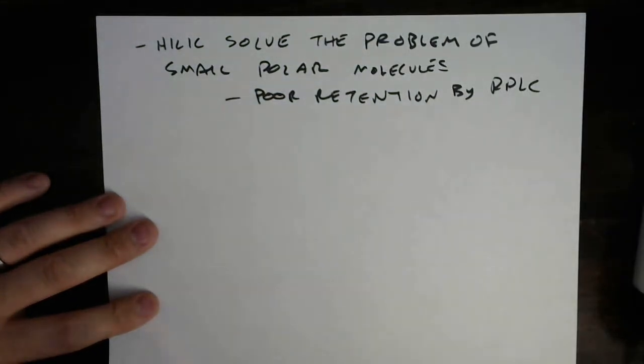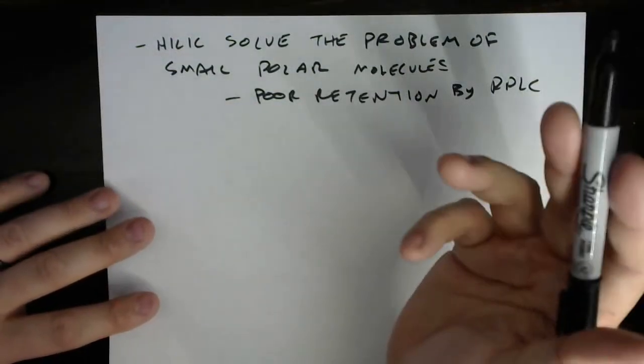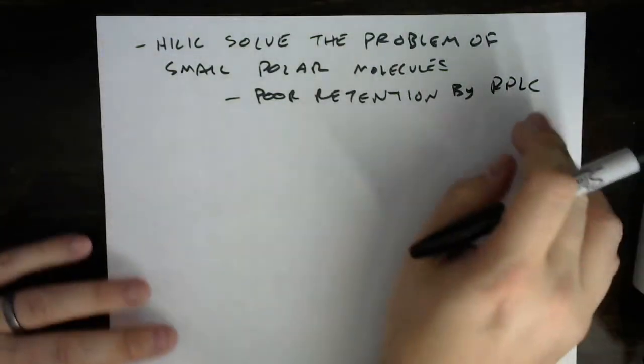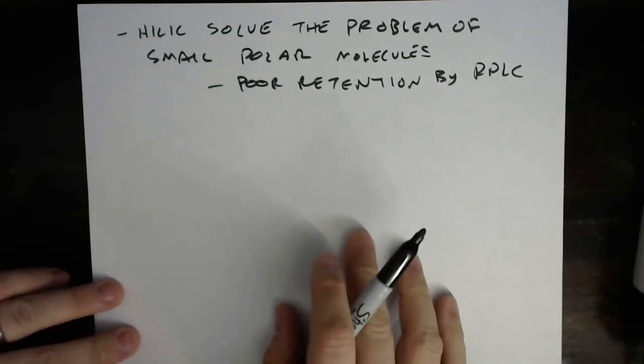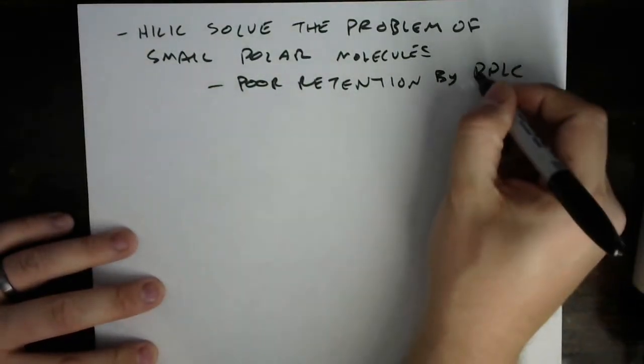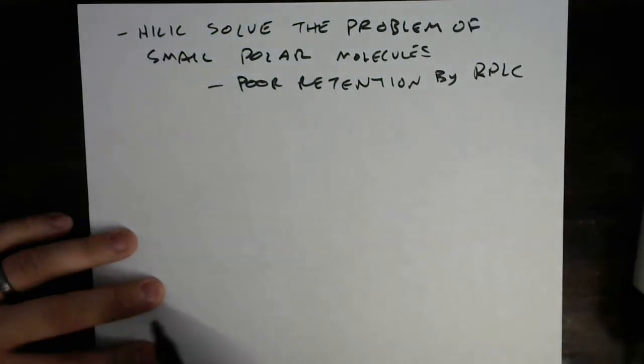That's not surprising, right? They're polar molecules, and so they're essentially not interacting as strongly as nonpolar molecules would with the reverse phase solvents that are immobilized onto the particle.